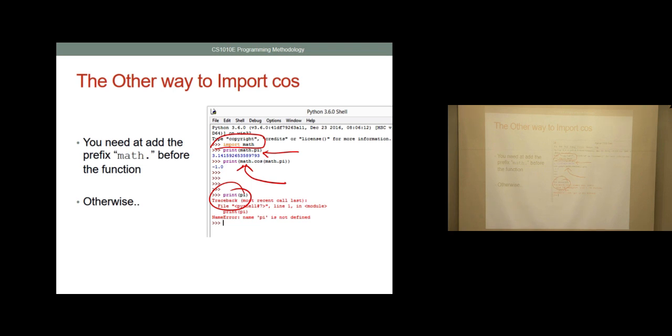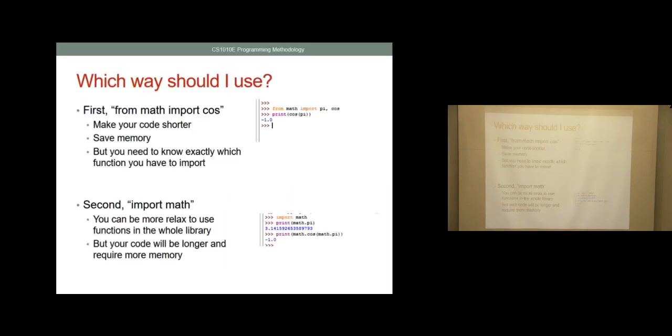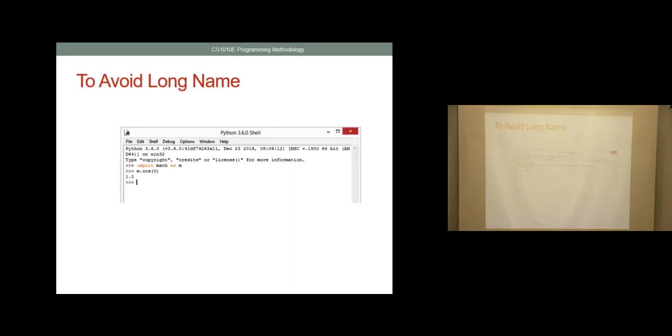And the other not so good thing about this method is you can see the title is very clumsy. After that, you need to say math.cosine, math.pi. It's very clumsy and very redundant. One way to get around it is to use an alias. When you import, you can actually say import math as m.